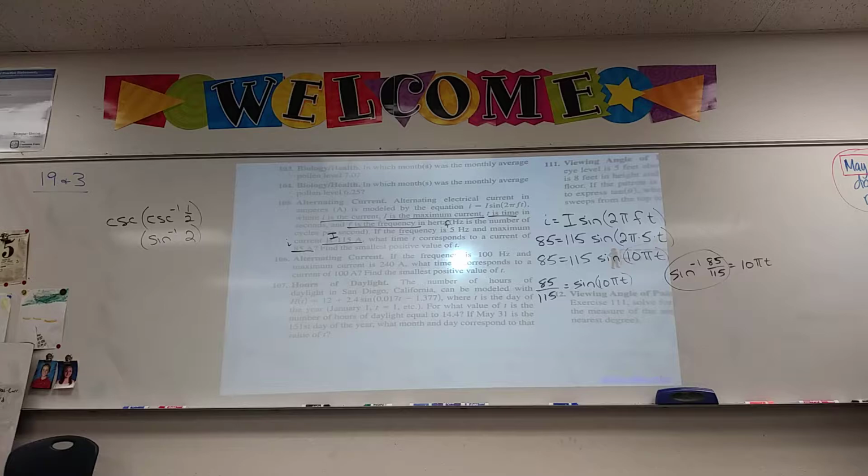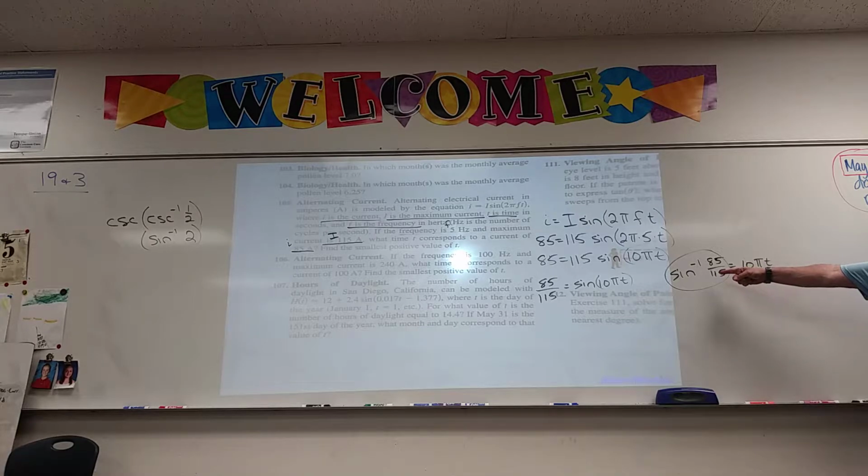By the way, any question like this is going to be a radians thing. I would guess it's in the 55-degree range. It's going to be a little less than a radian.